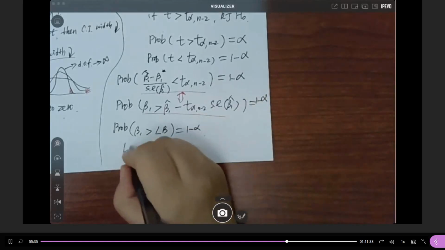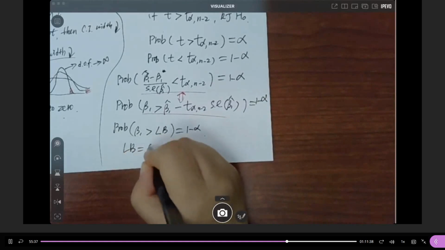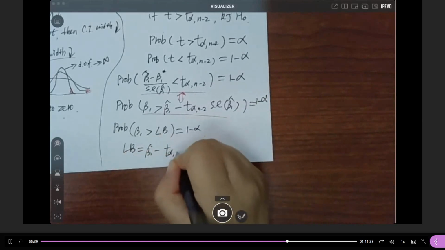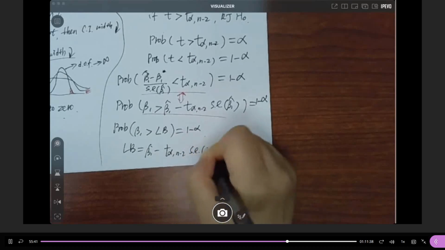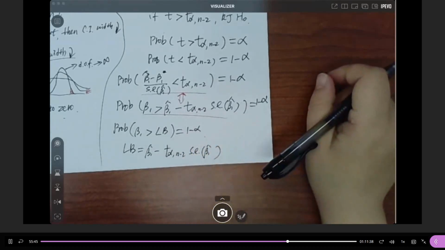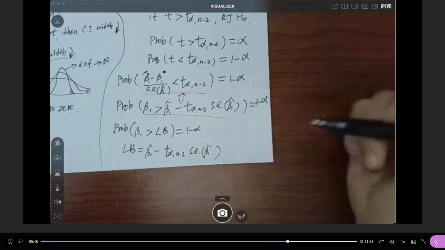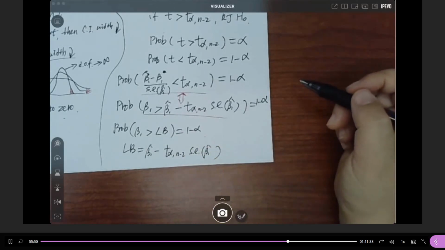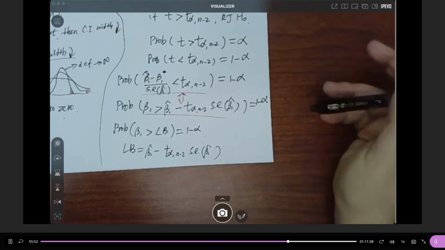So the lower bound is equal to beta 1 hat minus the threshold value times the standard error of beta 1 hat. That's the lower bound. So how do you use this lower bound value to perform the hypothesis testing?